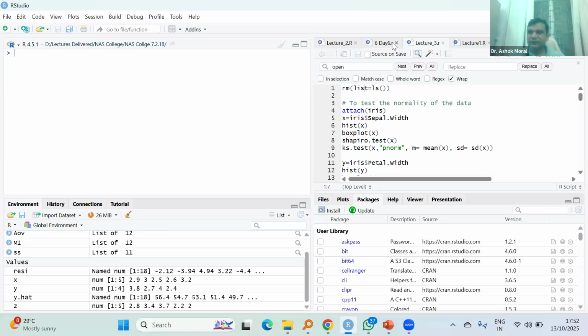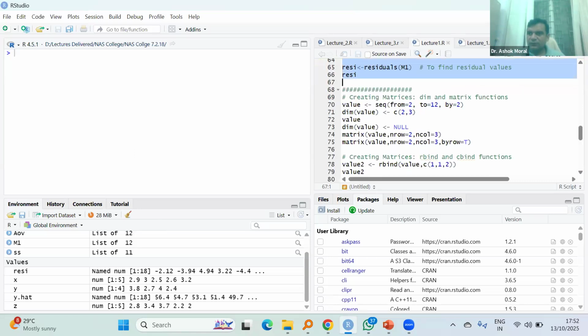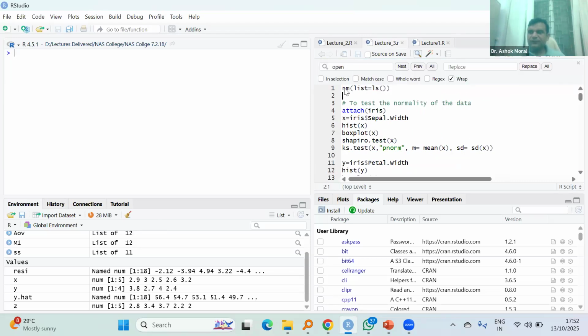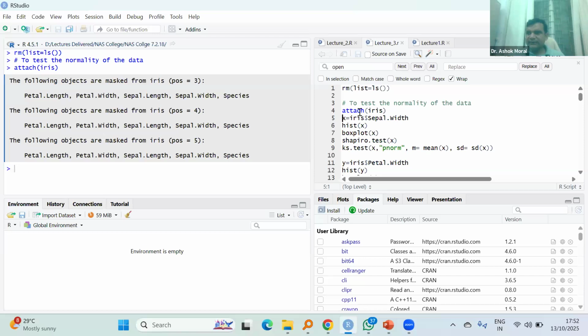So again, I am starting with this one slide: rm(list = ls()), so we will have a clean environment. Initially the question is how to test the normality of data. To test normality, we are using the iris data set, okay?